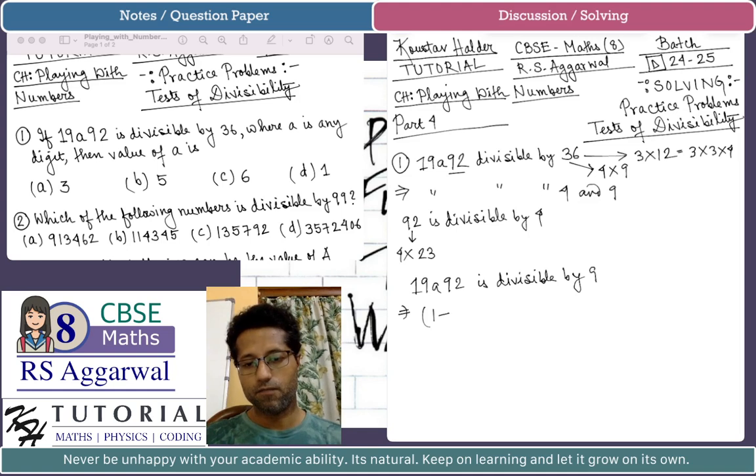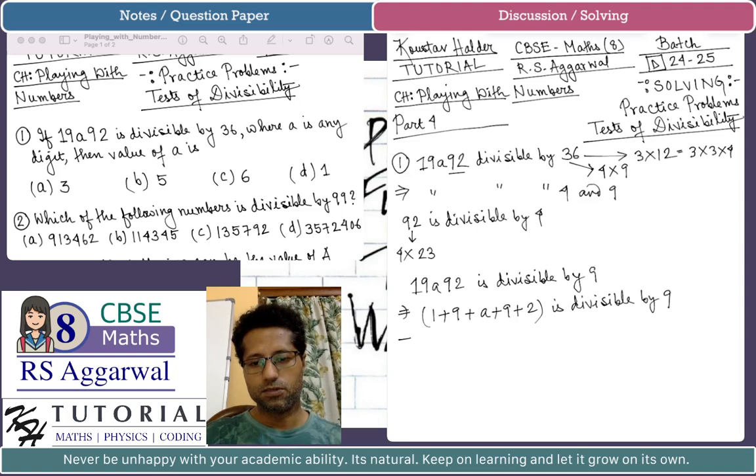So we must have 1 plus 9 plus A plus 9 plus 2 divisible by 9. This implies 21 plus A must be divisible by 9.